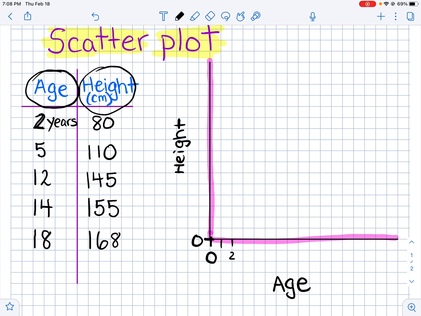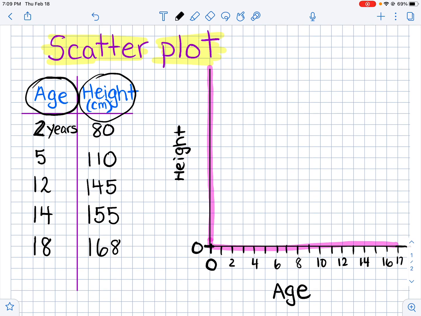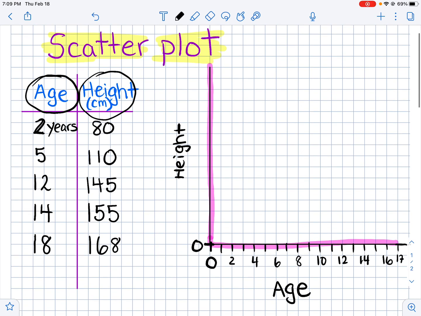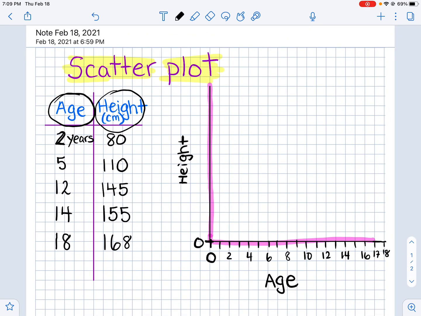So 1, 2, 3, 4, 5, 6, 7, 8, 9, 10, 11, 12, 13, 14, 15, 16. I didn't quite make it to 18. 17. Go a little smaller. 18. I made it.